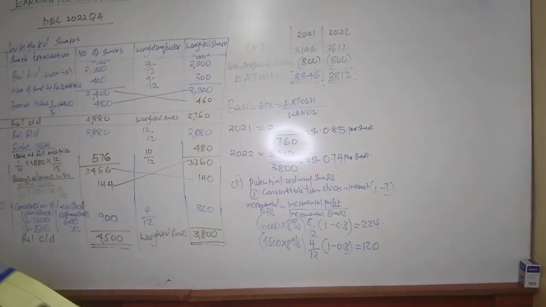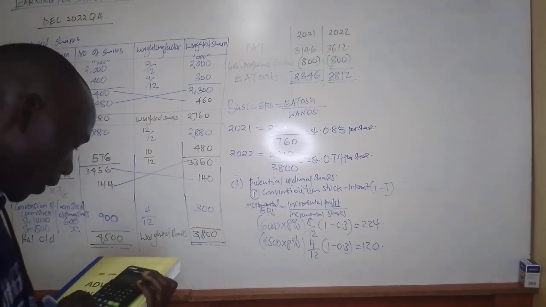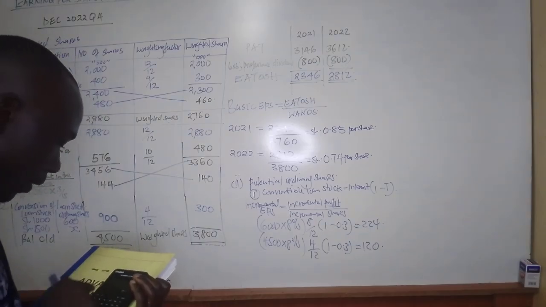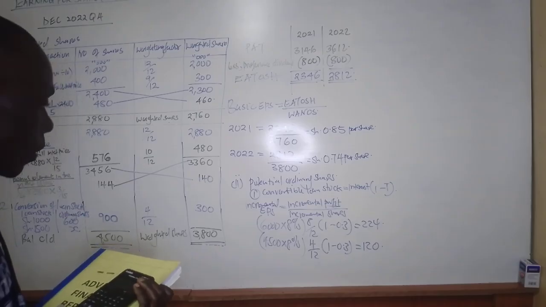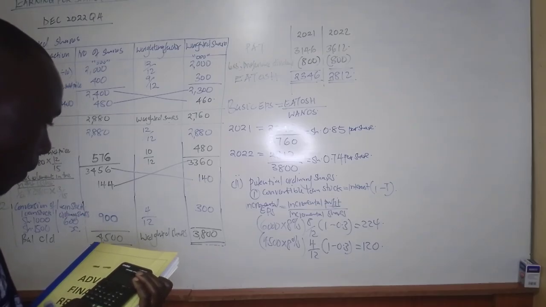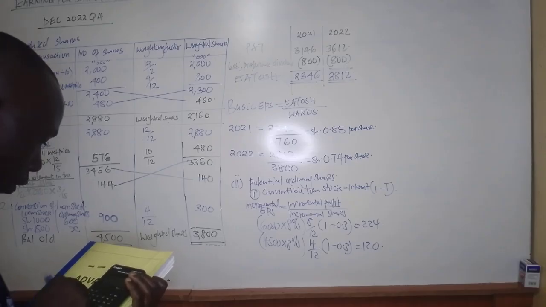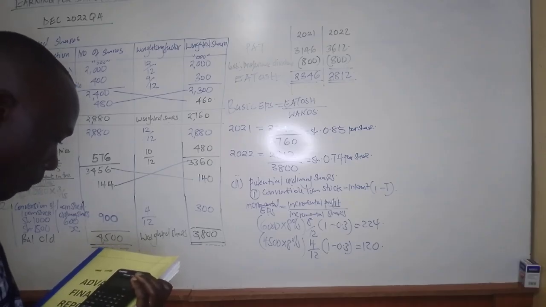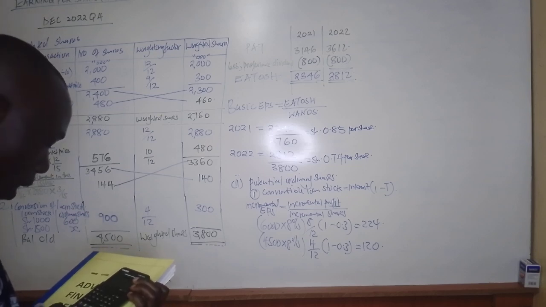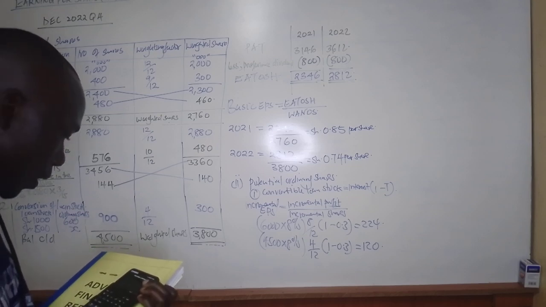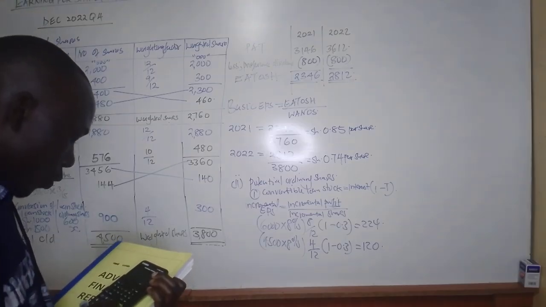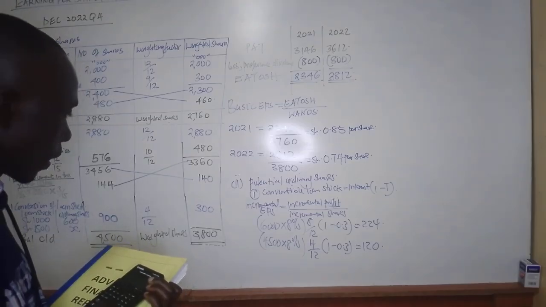So let us again compute the first one. The first one is 6,000. Then you multiply by 8%. Then you multiply by 8 all over 12. So you will get 320, then you multiply by 0.7. It is 224, that's okay.